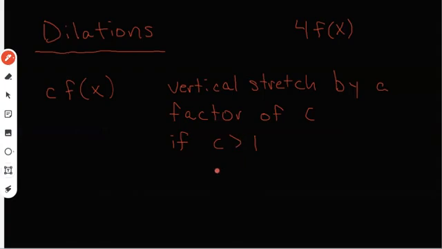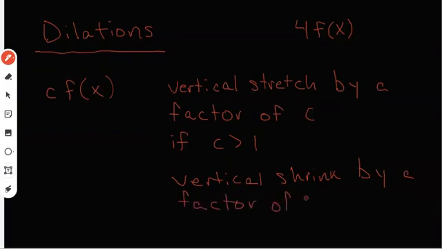Now, what happens if c is less than 1? That's what we're going to talk about next. Instead of a vertical stretch by a factor of c, it would be a vertical shrink by a factor of c, only if c is between 0 and 1.